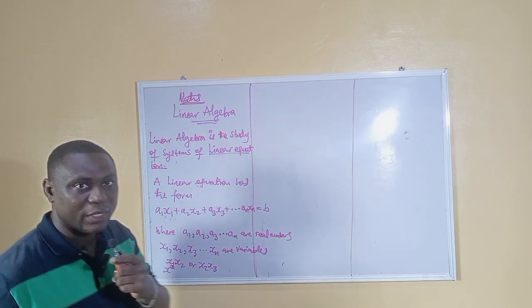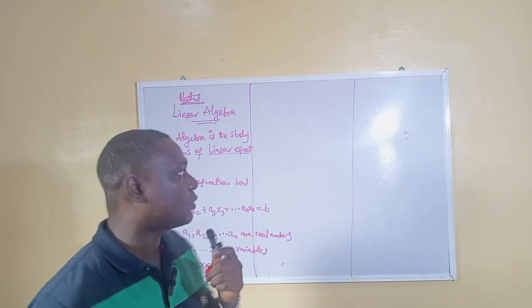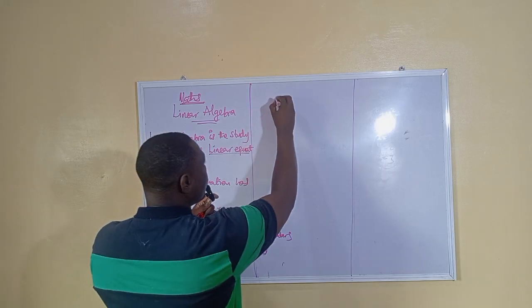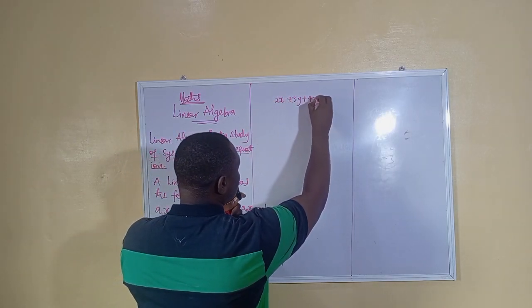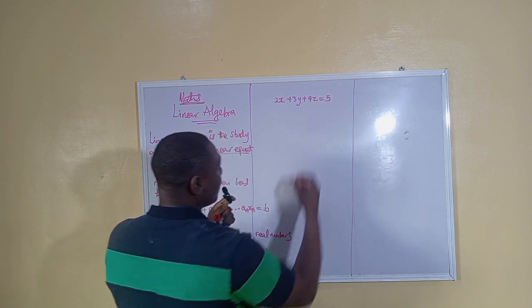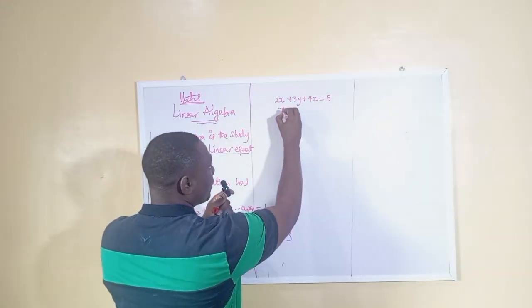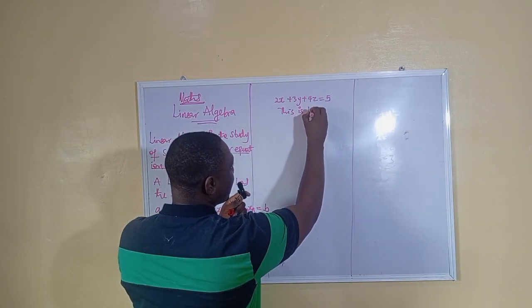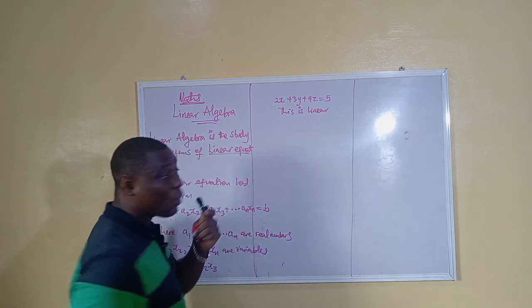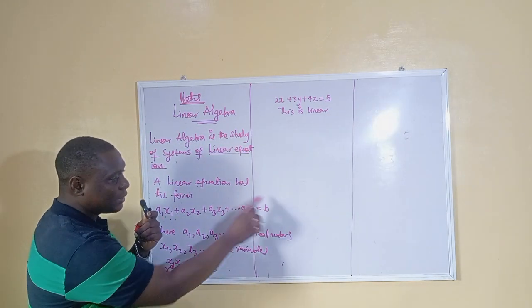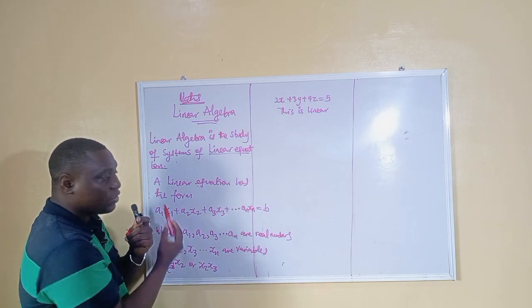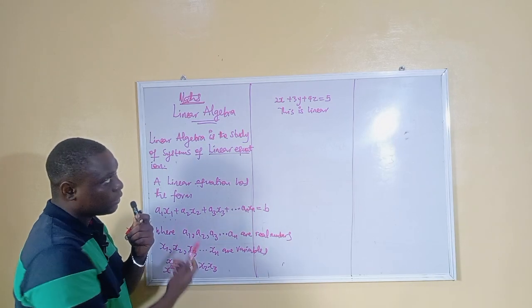So let me give you a typical example of a linear equation. If I write 2x plus 3y plus 4z equals 5, this is linear. Why? Because it agrees with this general form of a linear equation.